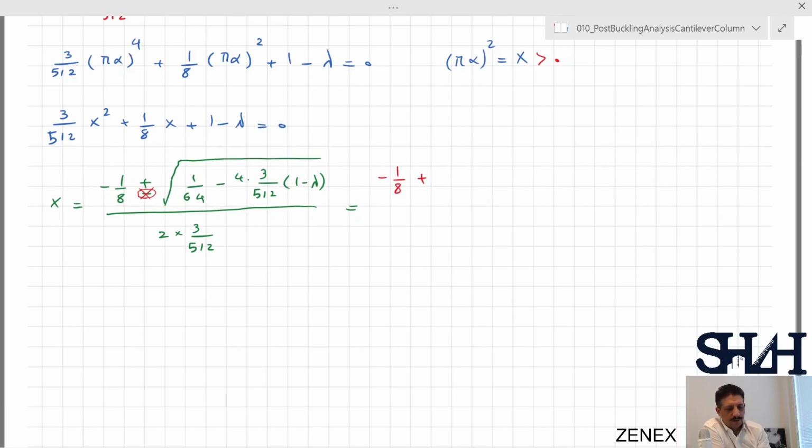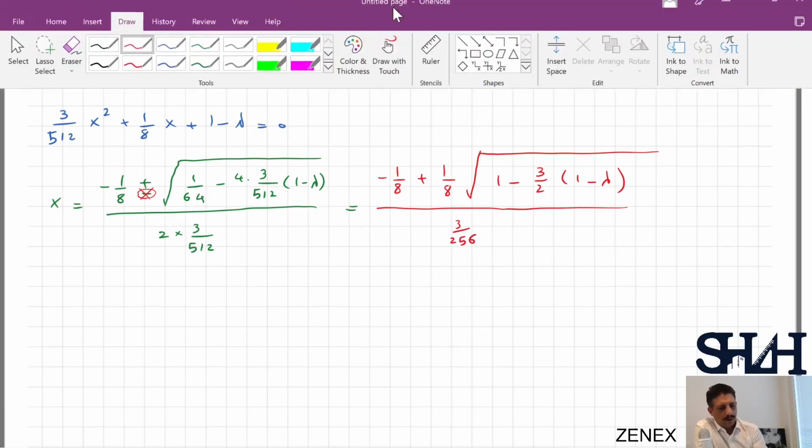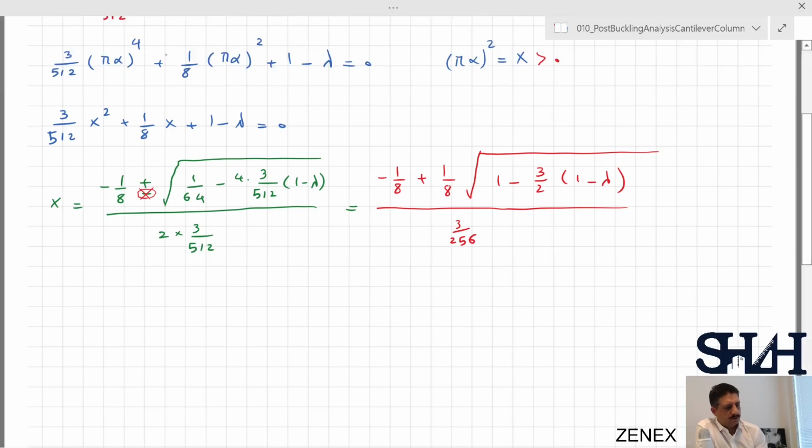Minus 1 over 8 plus 1 over 8 square root of 1 minus 3 over 2, 1 minus lambda. And I can continue with this. So pi alpha powered by 2 will be 1 over 8 divided by 3 over 256.